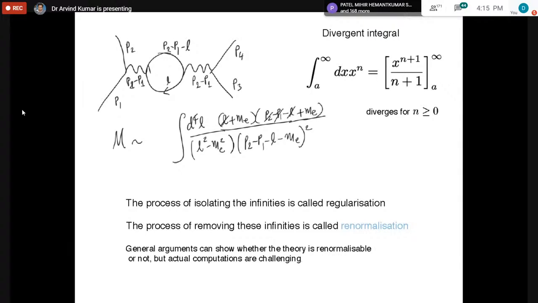Now, there are general arguments to tell you whether the theory is renormalizable or not. You can actually show whether the theory is renormalizable at all orders in perturbation theory. For example, you can show that QED is renormalizable at all orders in perturbation theory. There are very general arguments, there are theorems.